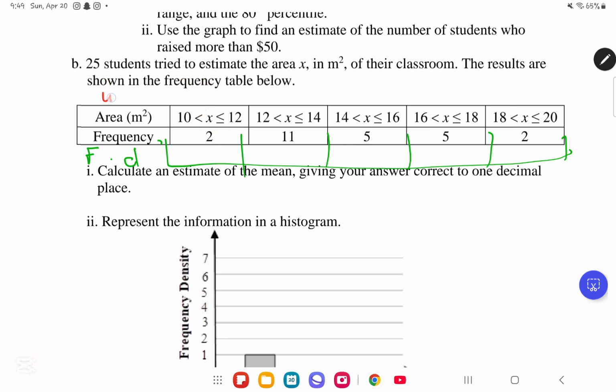To find the width, you just subtract the smaller from the bigger. So this is 2, 2, 2, 2, 2. They all have the same width. So the frequency density is the frequency over the width. So this is 1, this is 5.5, this is 2.5, this is also 2.5, and this is also 1.